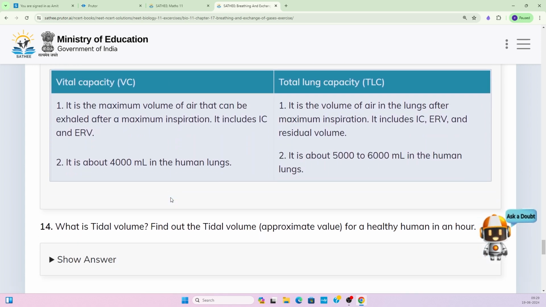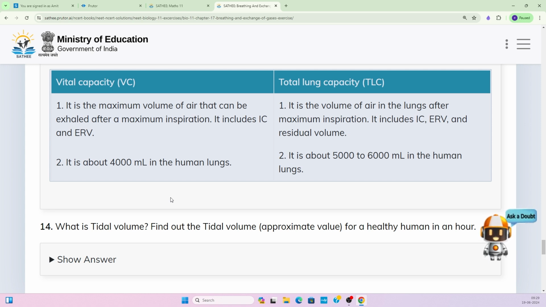Okay, moving to our next question of this part only, vital capacity and the total lung capacity. What do you understand by the vital capacity and the total lung capacity? The vital capacity is the maximum volume of air that can be exhaled after the maximum inspiration. It includes inspiratory capacity and ERV, and it is around 4000 ml in the human lungs.